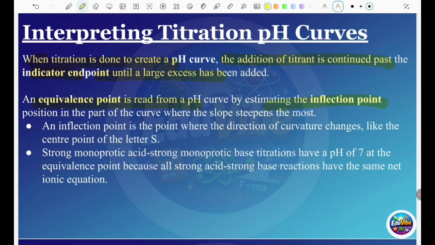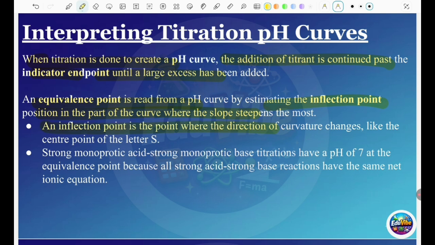From the inflection point we can come to know at what equivalence point, and how much titrant we added. It is the part of the curve where the slope is steepest; where the slope is steepest, that is where you find your equivalence point in the graph.